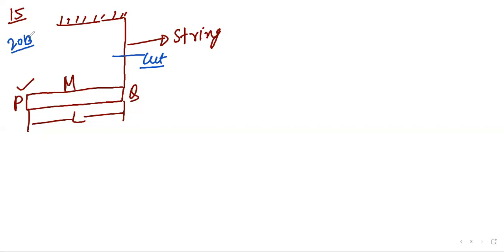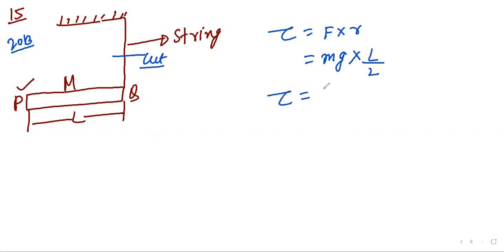When the string is cut, rod will rotate about P and torque will be given by. Torque is nothing but force into perpendicular distance. So force is defined as mass into acceleration and R will be length upon 2. Here the weight mg of rod will act through center of mass gravity at the middle point. So it will be rotating at L by 2. Next torque will become moment of inertia into angular acceleration.